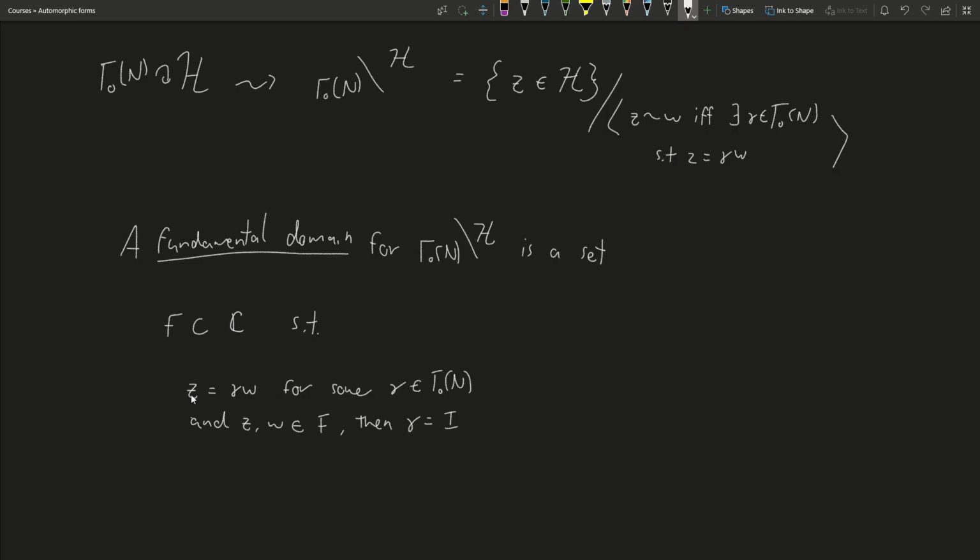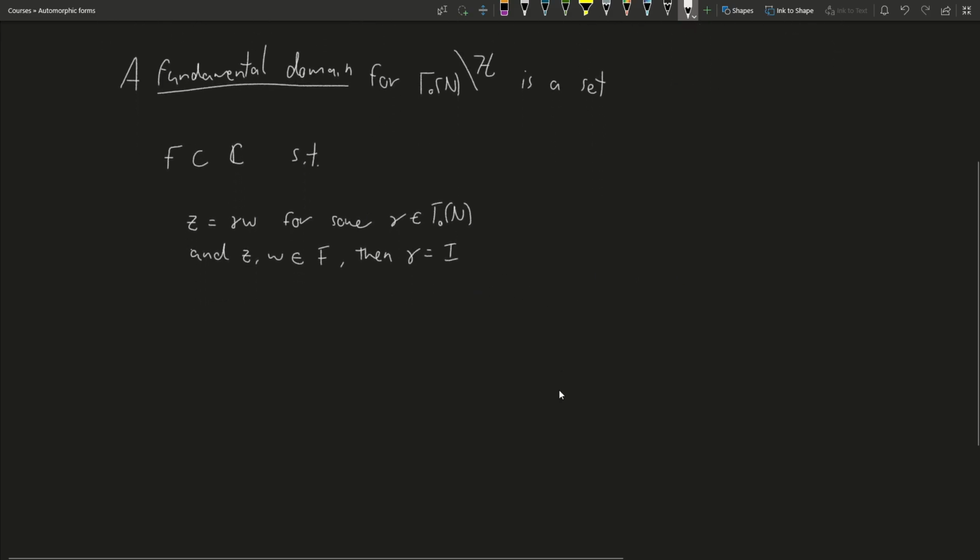So that means that essentially if z and w are equivalent under the action of Gamma_0(N), then only one of them is in the fundamental domain. Said otherwise, you're taking one representative from each Gamma_0(N) orbit and putting that in your fundamental domain.